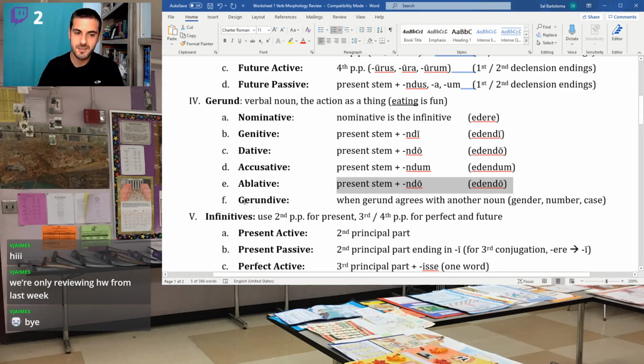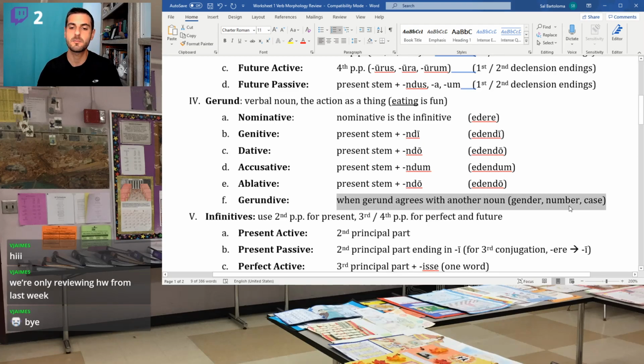And gerundive basically means the gerund is with another noun. So instead of talking about just reading, for instance, you could say reading books, right? I learn by reading books. Or this cup is useful for drinking tea.